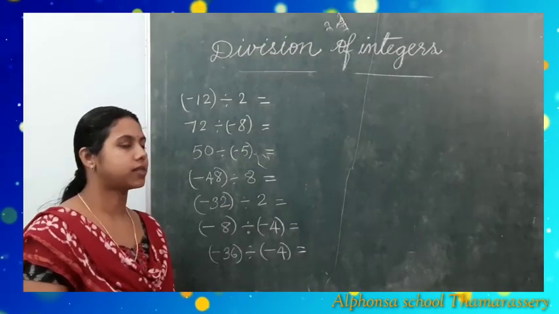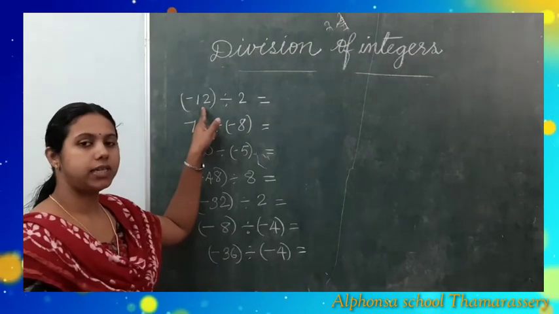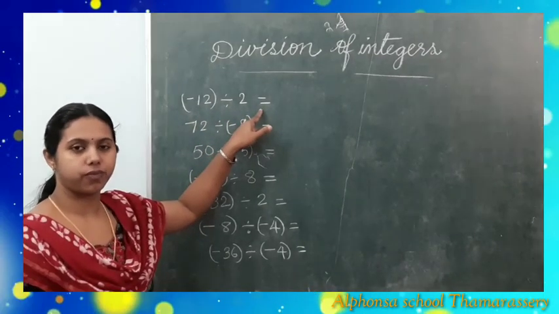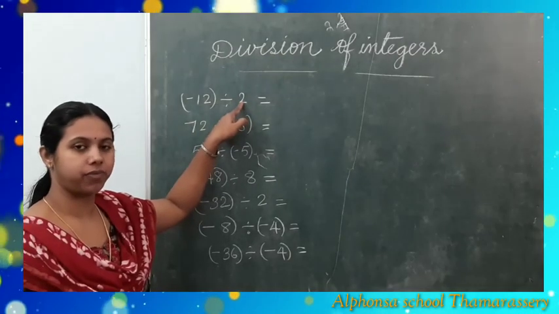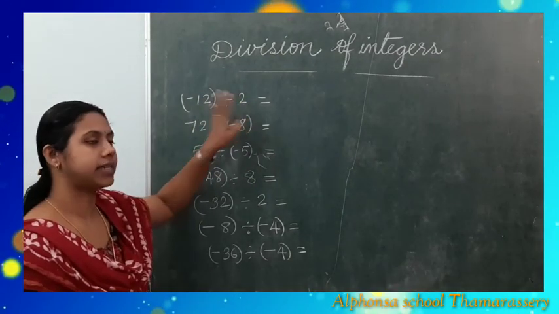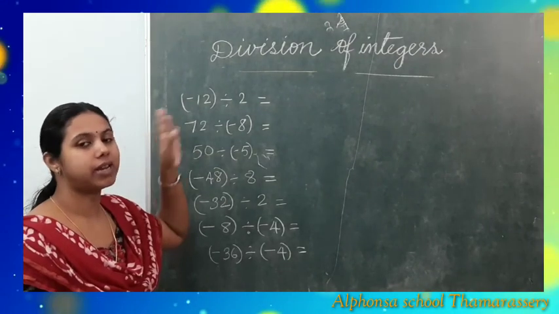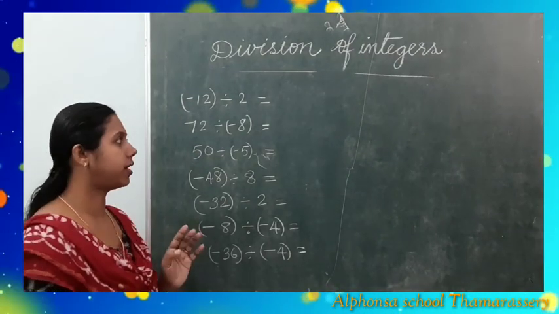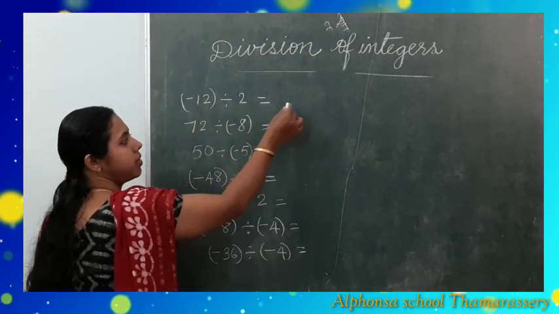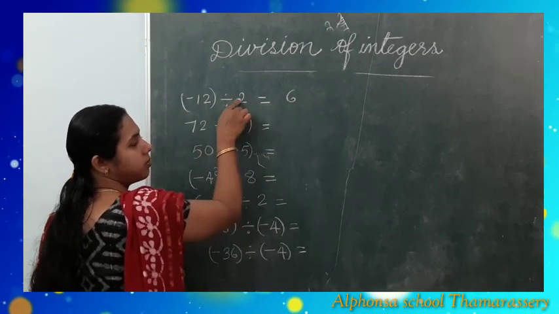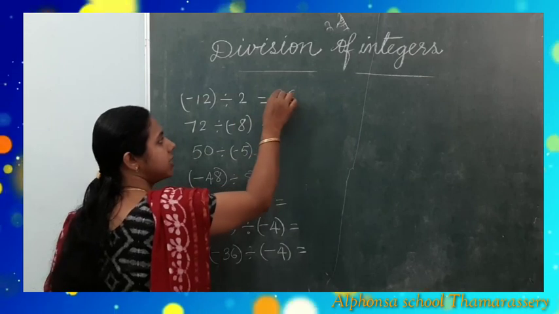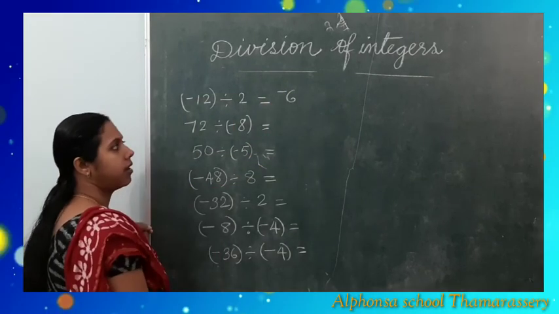See some questions. Minus 12 divided by 2. It's a negative divided by positive. So you just divide as a whole number and put a negative sign before the quotient. 12 divided by 2 is 6. It's a positive and a negative, both are different signs, so keep a negative sign before the quotient.